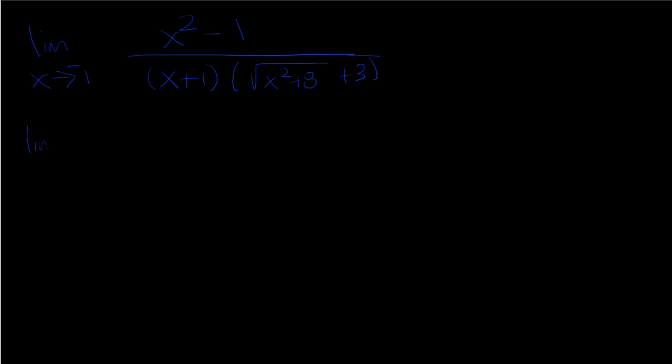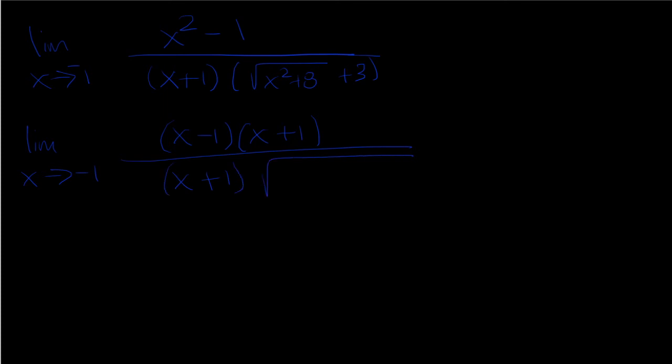I can factor out the top as x minus 1, x plus 1, and on the bottom I have x plus 1 times the square root of x squared plus 8, plus 3. Notice the top and the bottom both have an x plus 1 factor.